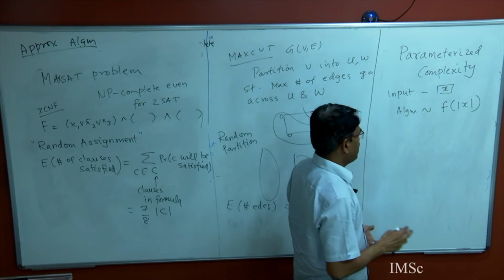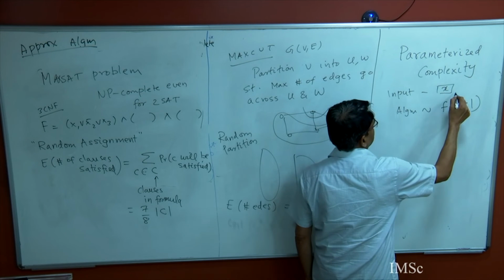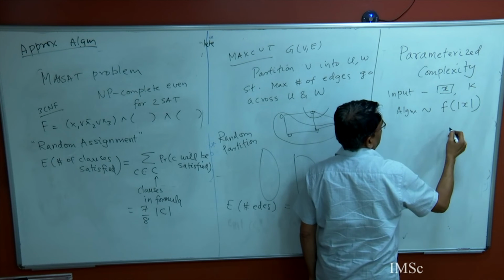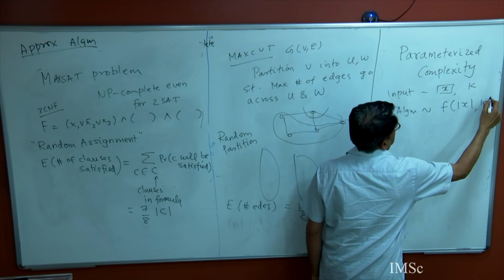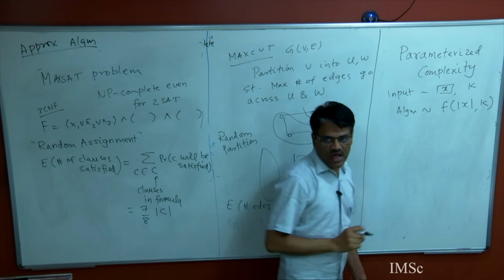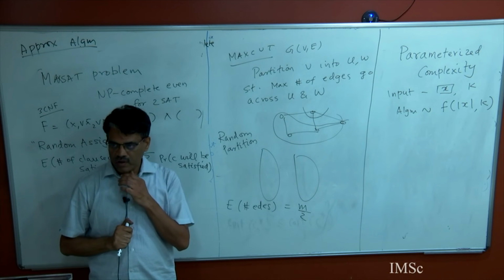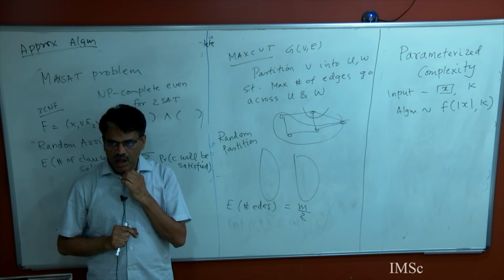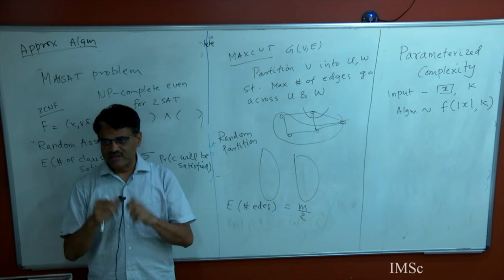So in parameterized complexity, your input comes with some parameter k, and I want to analyze the algorithm's performance with respect to the input size and the parameter. The parameter could be anything which makes sense.